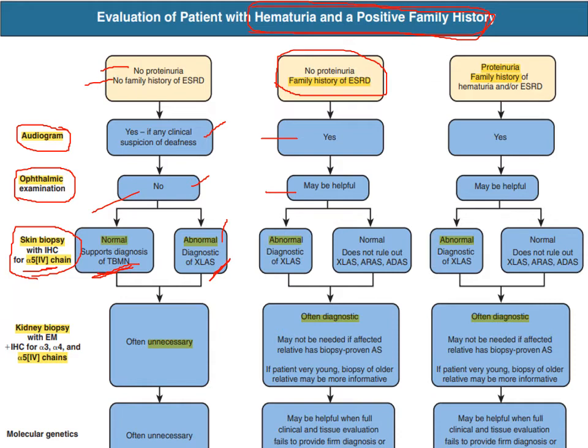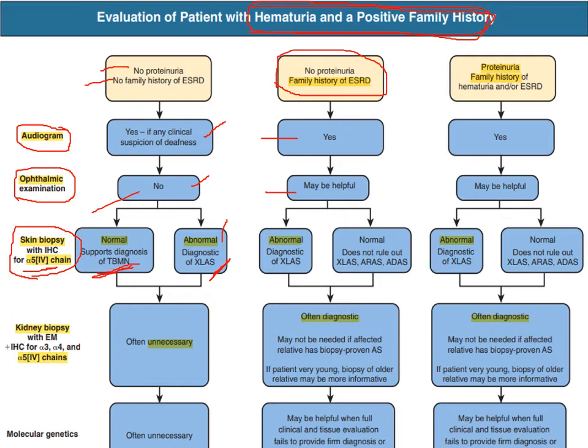But if we are still not sure, we should do skin biopsy, as we said in the previous slide, and stain for alpha chain. As we said, X-linked is the most severe. In X-linked males, the alpha chain is absent in all areas, in the glomerular basement membrane, Bowman's capsule, and in the epidermis.